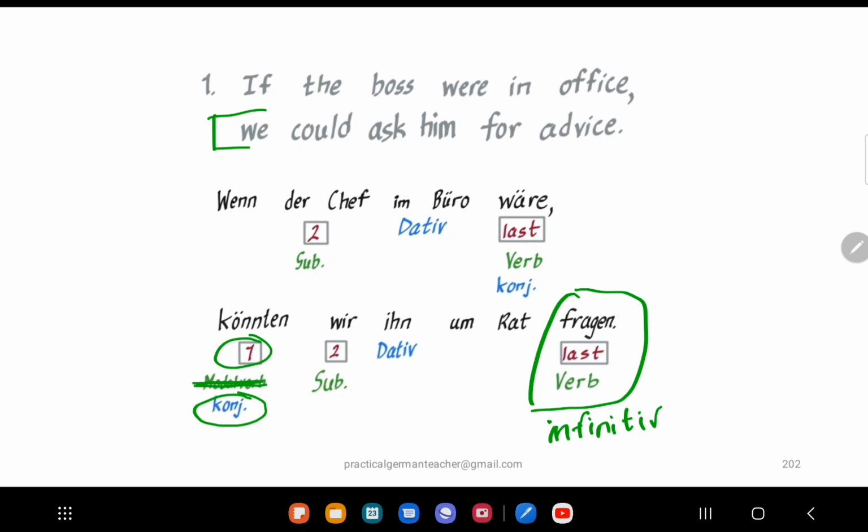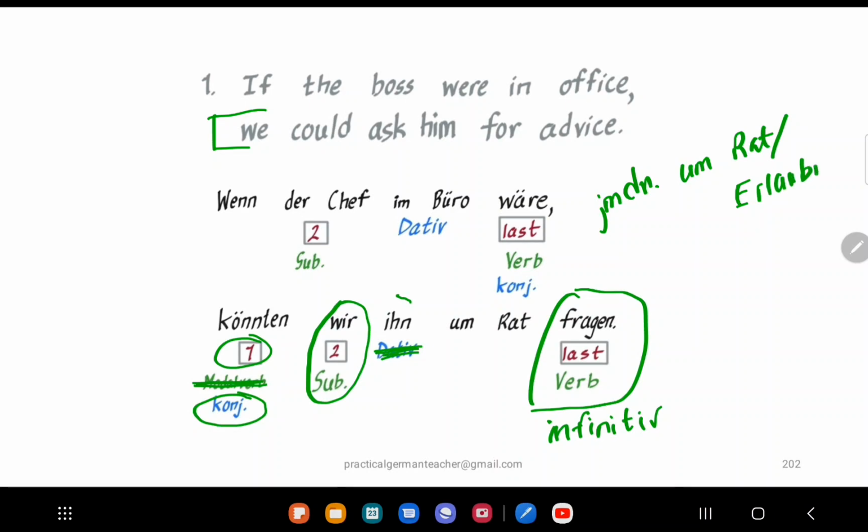Könnten fragen, then you will have the subject over here, second position. This is not dative, this is accusative. Ihn Rat fragen. Okay, so the verb actually is jemanden, usually Rat, Rat is advice, then you have Erlaubnis, which is permission, fragen.